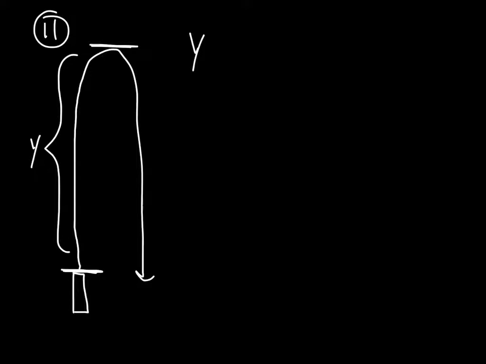All right, let's look at number 11. We have a bullet that's fired straight up. It comes back down. They want to know how high it goes, so they want to know this, which is going to be y, or the change in y. Y initial is equal to 0 meters.